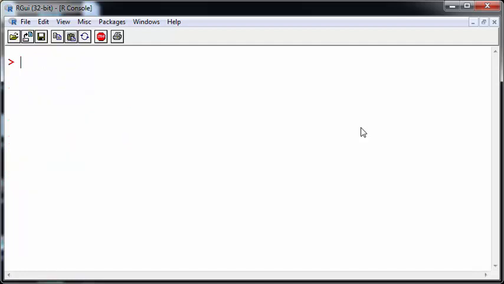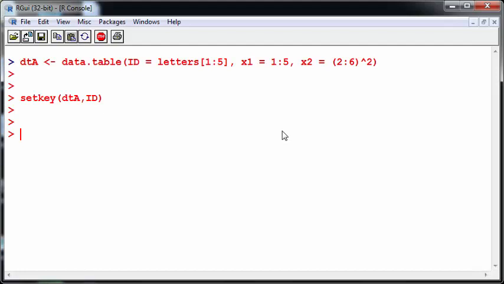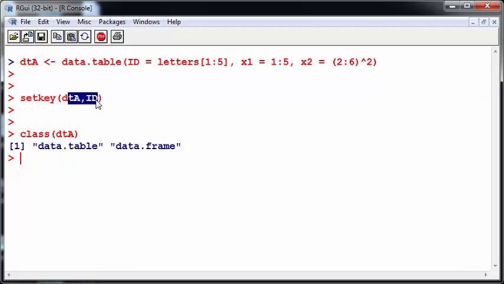So what I'm going to do here is quickly demonstrate two little data sets. I just set them up as data tables, so the class of DTA is data table, data frame. Here I set the primary key as ID.